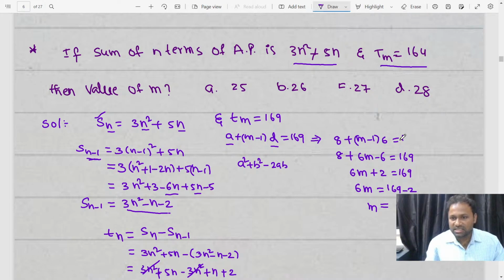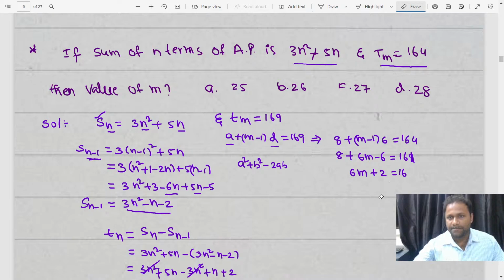So 164 means here also we need to take 164.